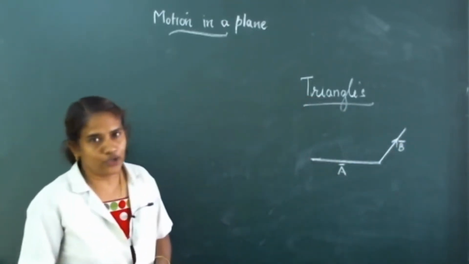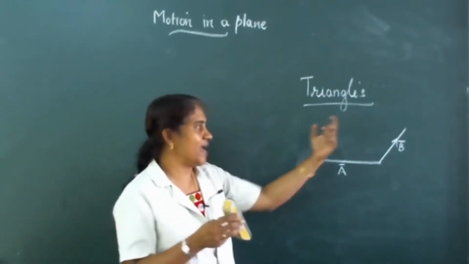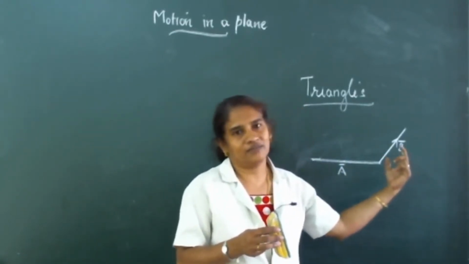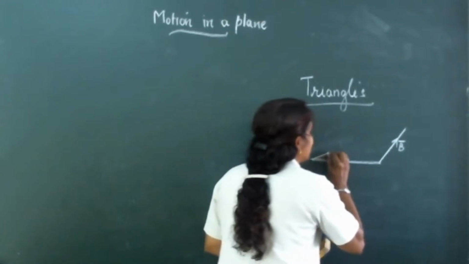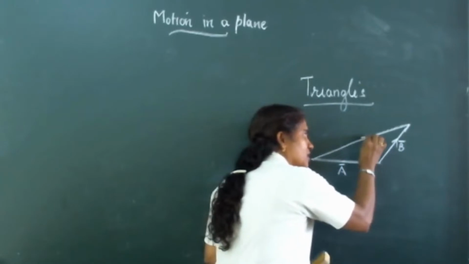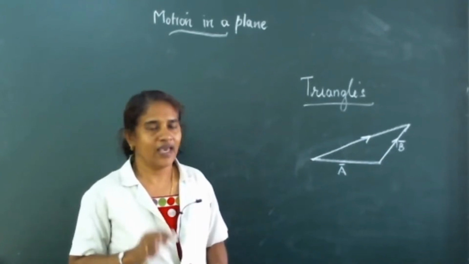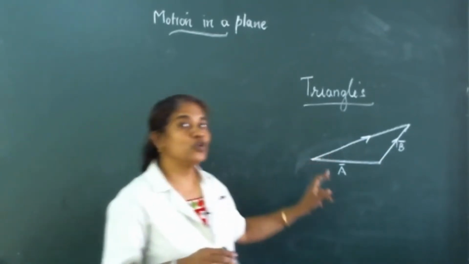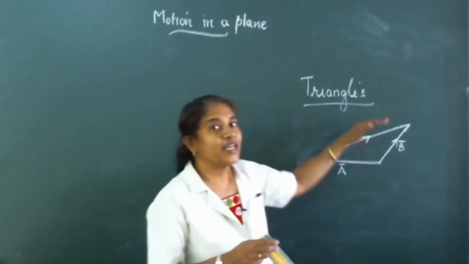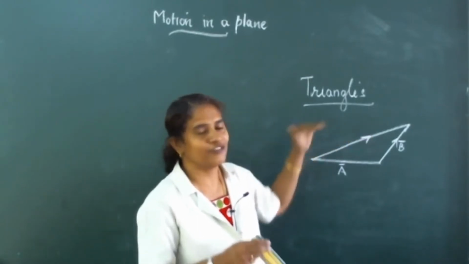By completing that triangle, the third side will be the resultant. According to the triangle law, if two vectors are acting as two continuous sides of a triangle, then the third side will be the resultant of these two vectors.